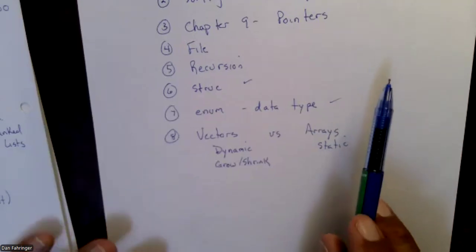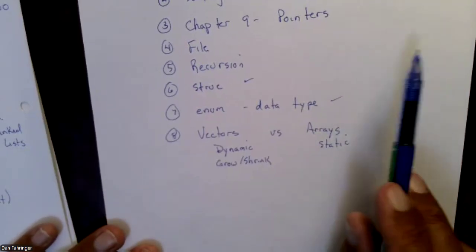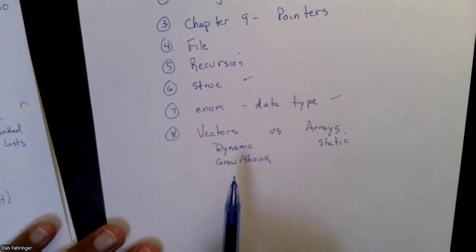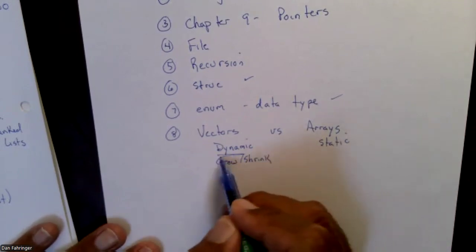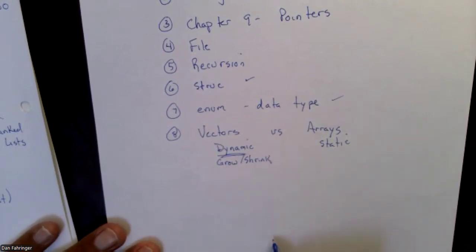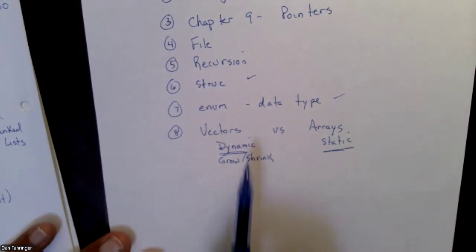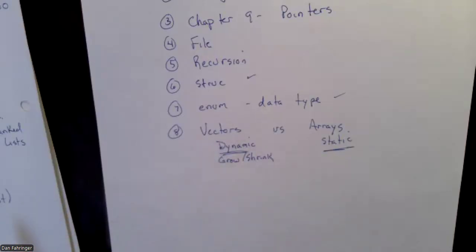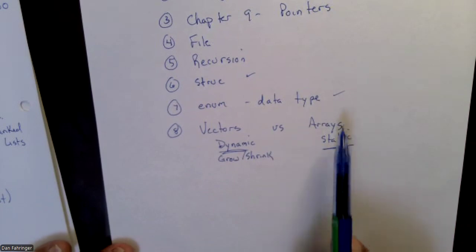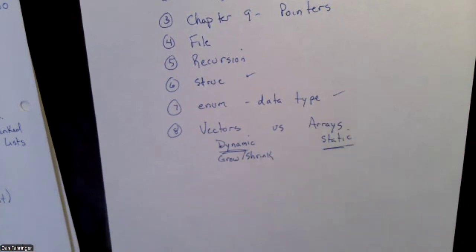And as bizarre as it is, we get this new data type concept, and then we say, can we use a dynamic structure or can we use a static structure? And we're not going to use vectors. We're going to create our own that's dynamic. But there's going to be times where using an array to work with this new type of data is going to be good. One a vector was actually good.